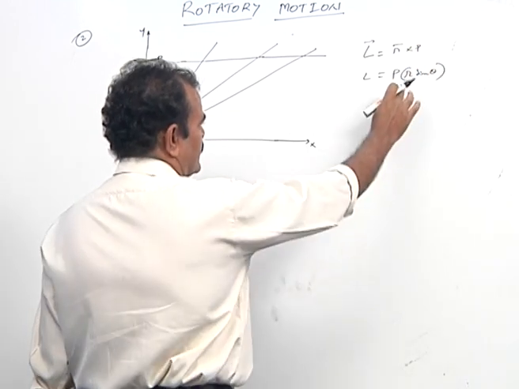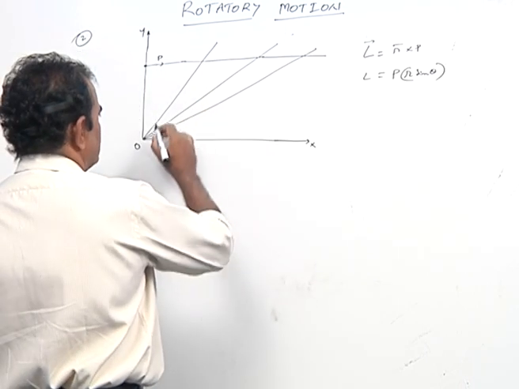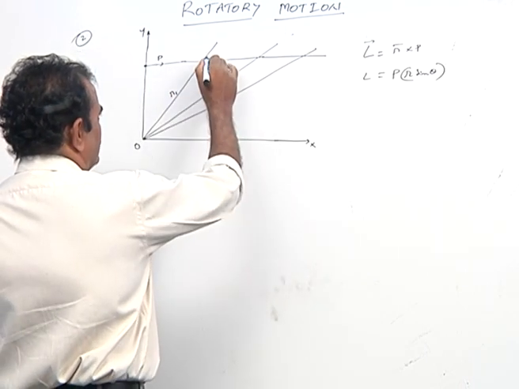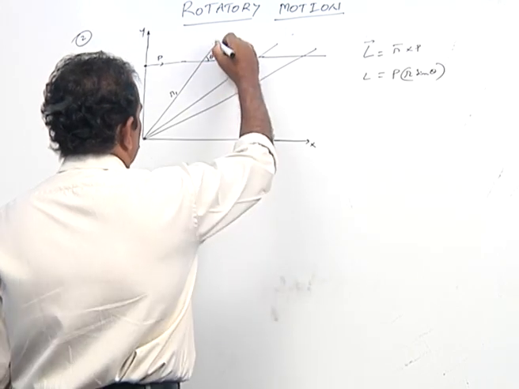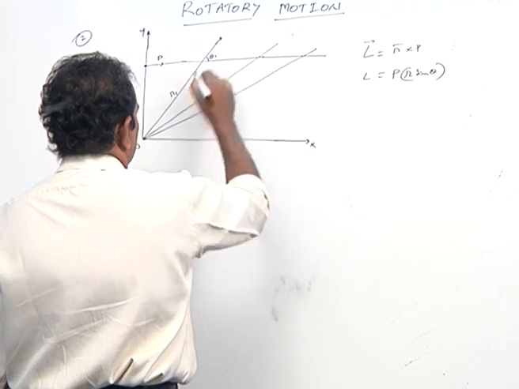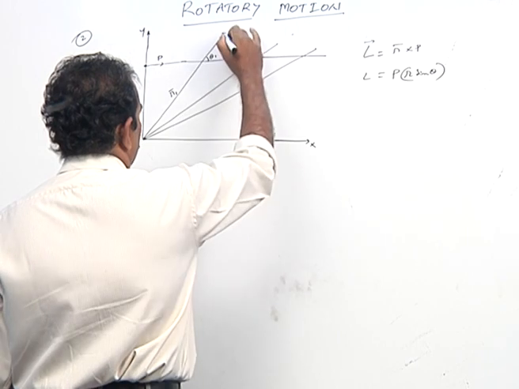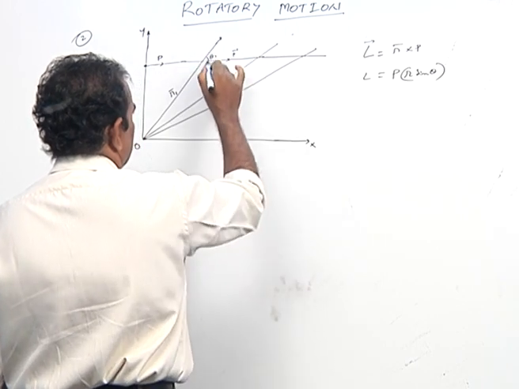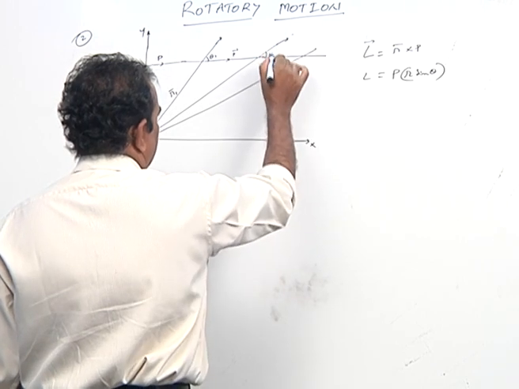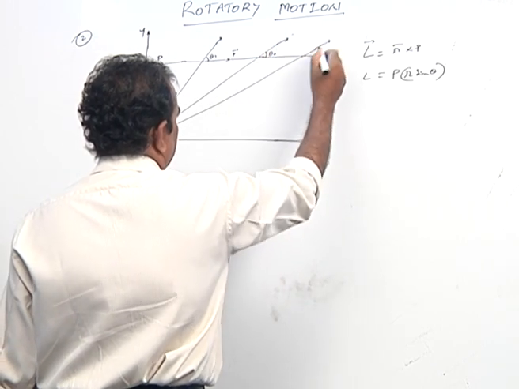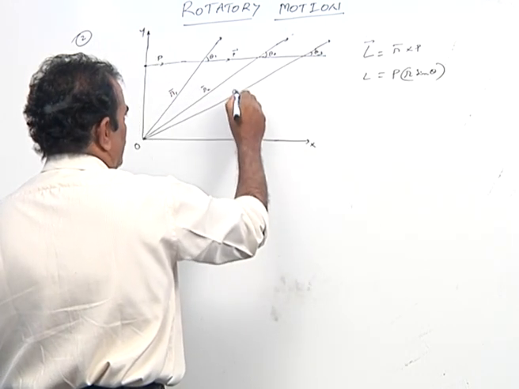Just describe the motion of this body. Here this is R1, and this becomes theta 1, and here P bar is there. R1 bar is here, and this is P bar. So the angle between this R1 bar and P bar is theta 1. Similarly, this is theta 2, and similarly theta 3 can be taken, with R2 bar and R3 bar.